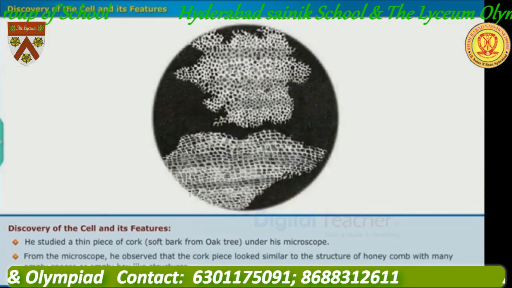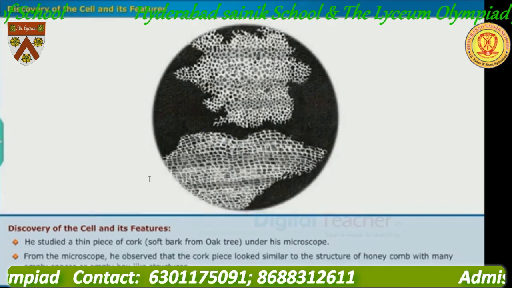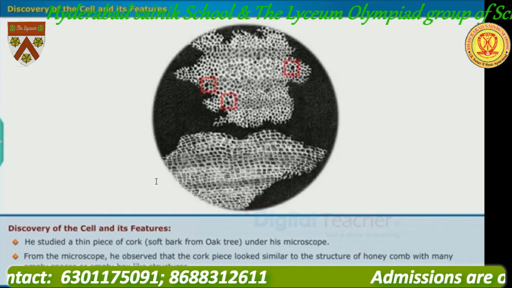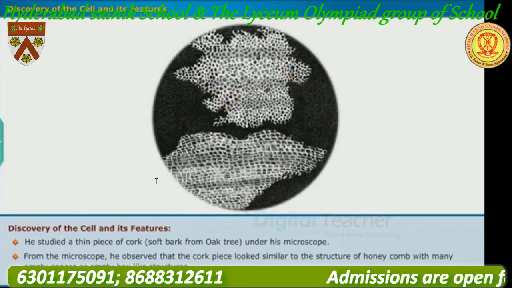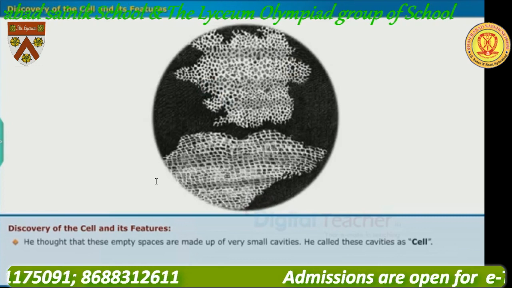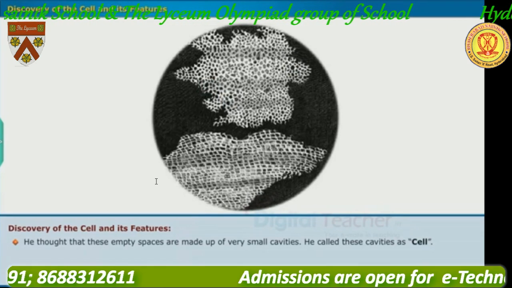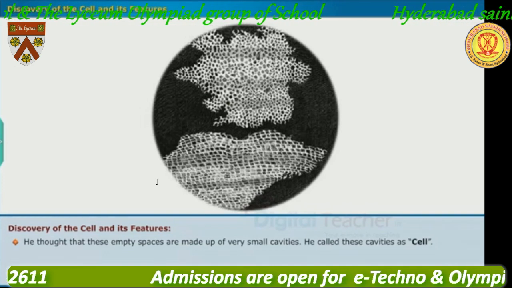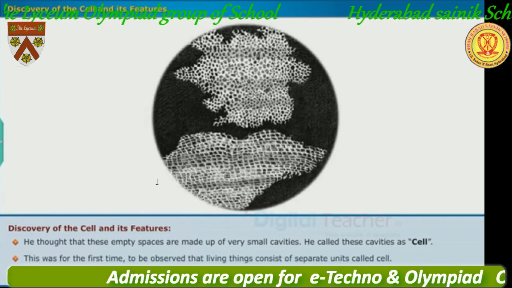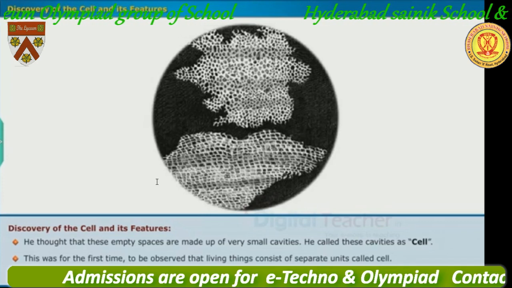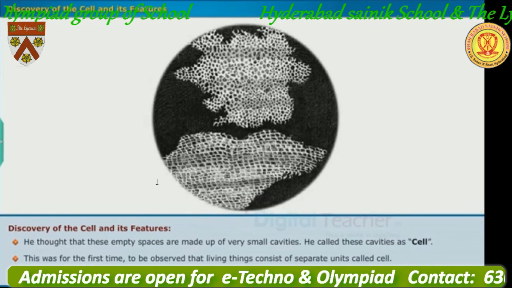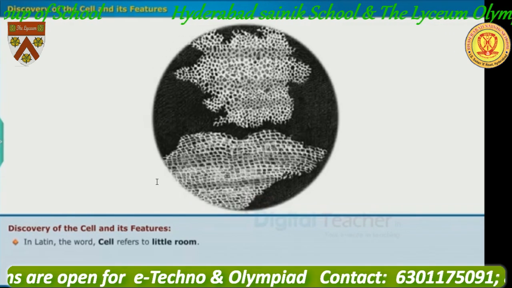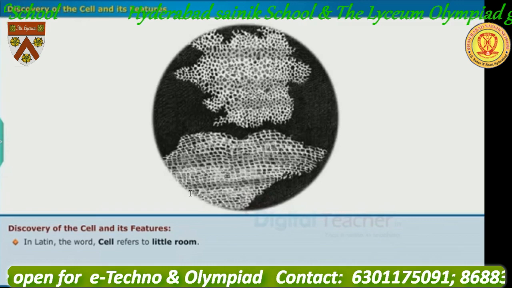He observed that the cork piece looked similar to the structure of a honeycomb with many empty spaces or empty box-like structures. He thought that these empty spaces are made up of very small cavities. He called these cavities cells. This was the first time it was observed that living things consist of separate units called cells. In Latin, the word cell refers to little room.